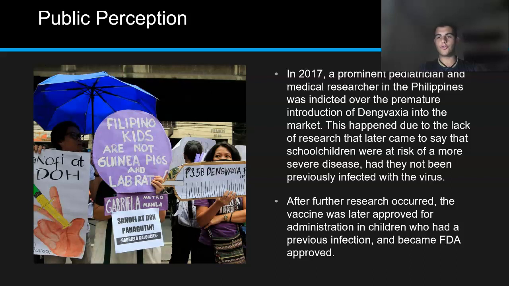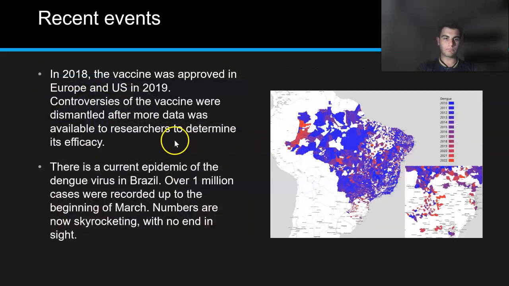Then this pediatrician was charged with a bunch of counts and later sentenced to 48 years in prison in the Philippines. But after further research occurred, the vaccine was later approved for administration in children who had the previous infection and became FDA approved.